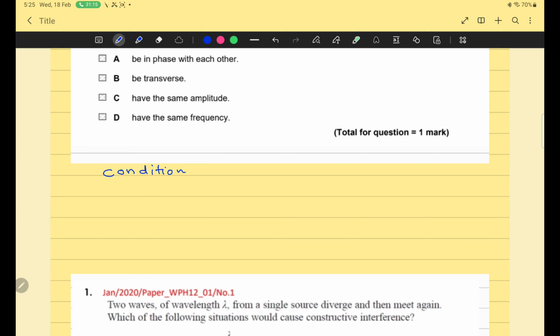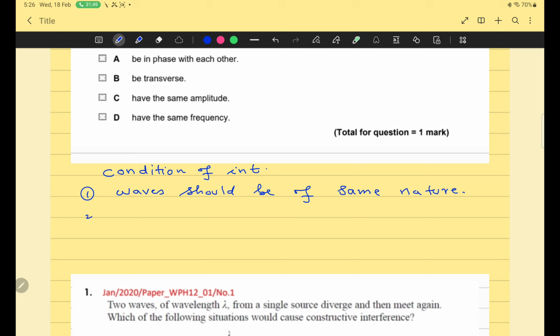Condition number one: waves should be of the same nature. I mean, light interferes with light, sound interferes with sound. It is not possible for sound to interfere with light, that is nonsense. Condition number one, waves should be of the same nature.